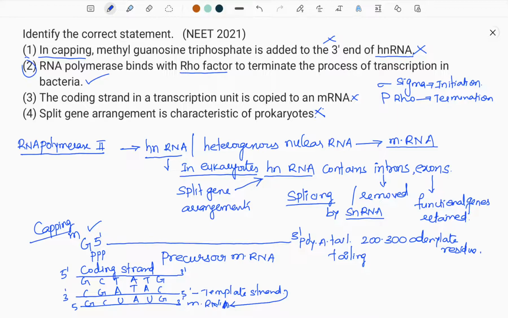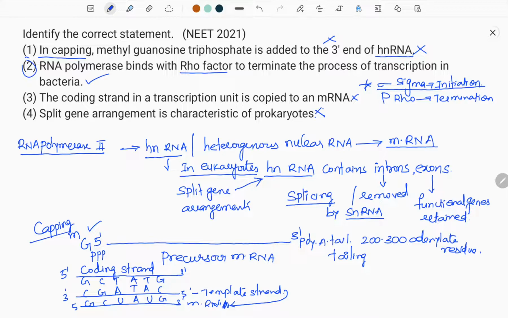Also what is the sigma factor, what is the rho factor. The sigma factor question was asked, I think in 2019, two years back. This time also they will ask questions on these concepts.